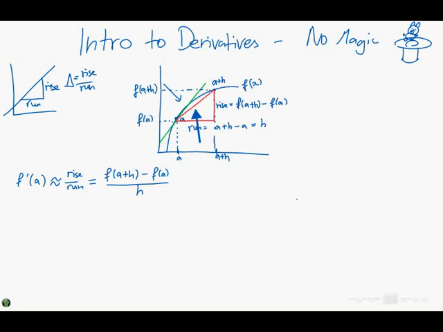Example here. Draw this in black. Let's pretend that instead of having our second point way out here, let's have it here. Do you see it? So our resulting estimate is going to be like that.